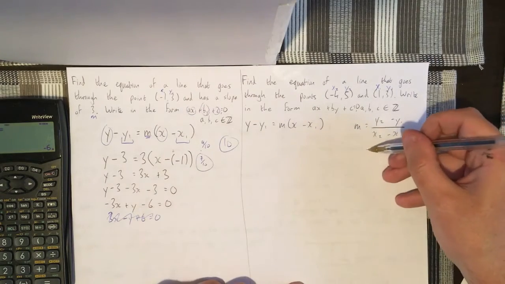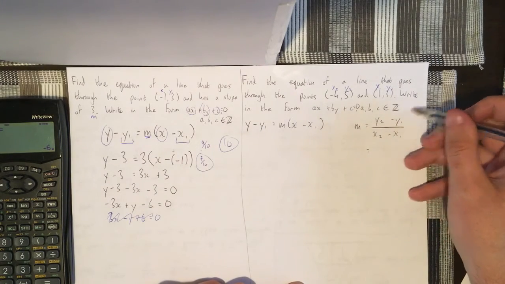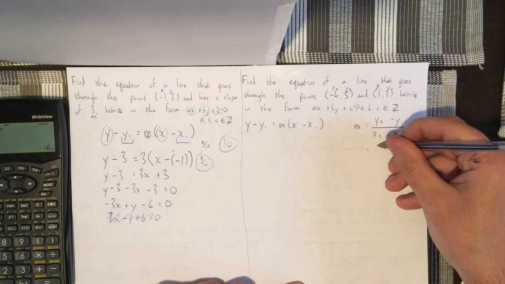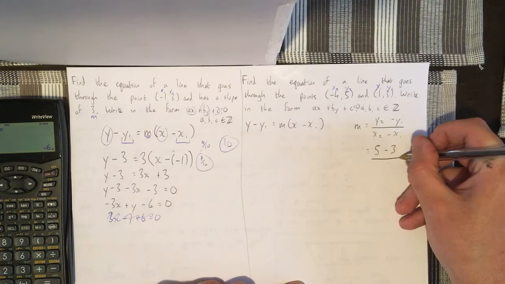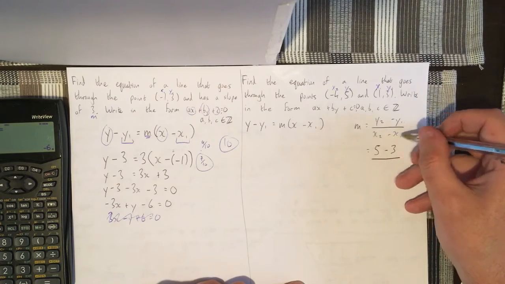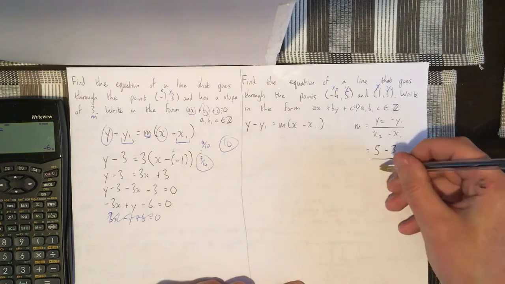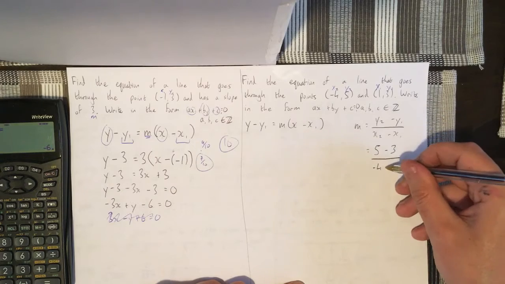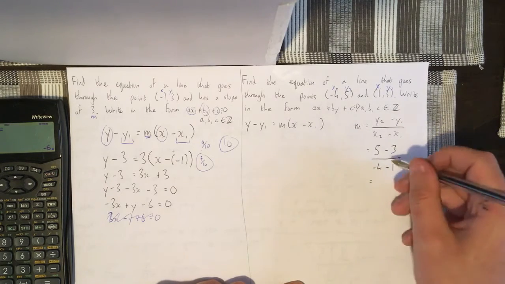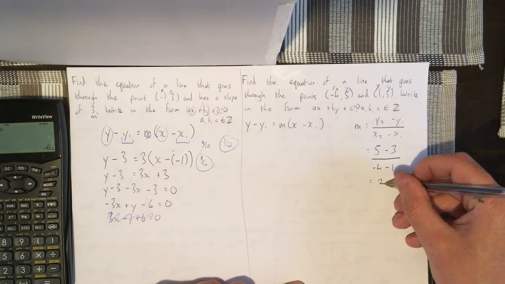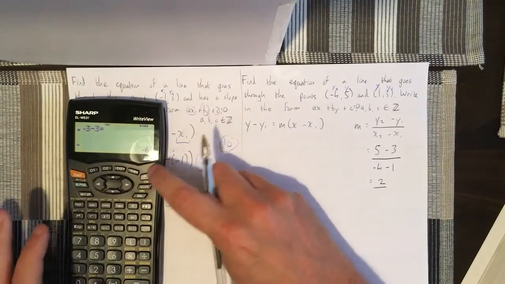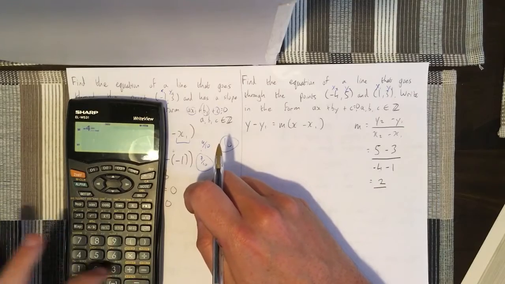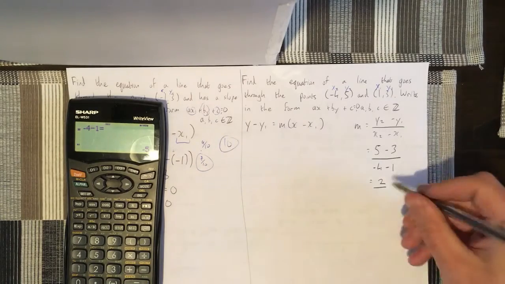So subbing into my formula, y2 minus y1, 5 minus 3, over x2 minus x1, minus 4 minus 1. 5 minus 3 is 2. Minus 4 minus 1. Again, if that's the type of thing that trips you up, minus 4 minus 1 equals minus 5.